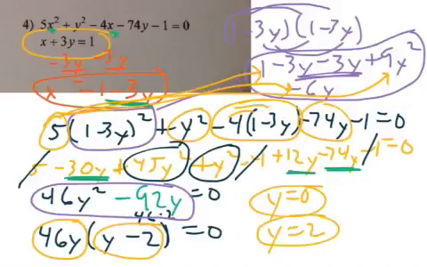Now, I'm not quite done yet because these are only my y values. So I have to plug them in. And if you follow the green, I'm going to use what I had in red there, that 1 minus 3y, because that equals x, right? So I'm going to plug them in. Since I don't have a lot of space, guys, I'm going to go to another screen here. We agree that y equals 0, and we agree that y equals 2.